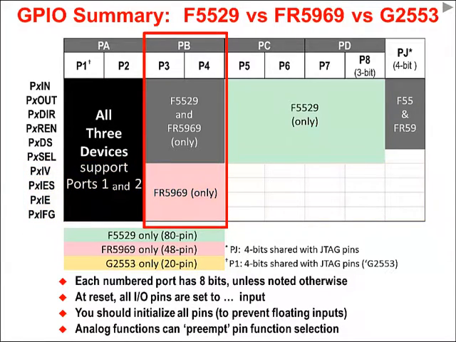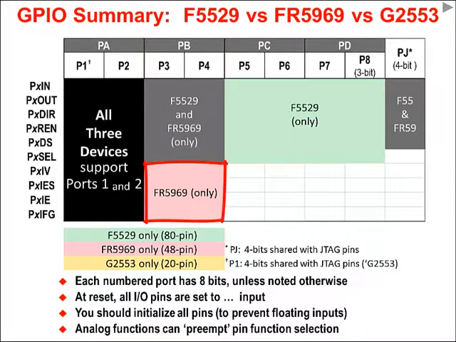If we move over to the next column, you can see ports 3 and 4. The G2553 doesn't have enough pins, so it doesn't have ports 3 and 4. The 5529 and the FR5969 both have ports 3 and 4. What's unique about the 5969, though, is that it also supports interrupts on ports 3 and 4. The 5529 does not.